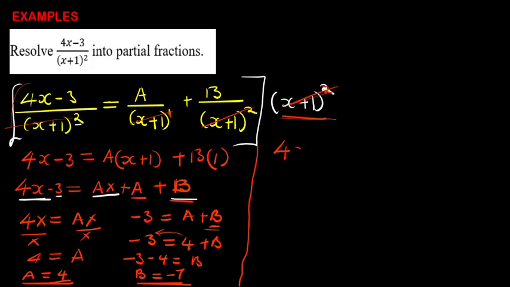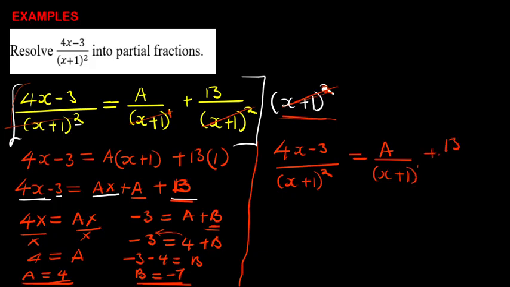Then from that, you go to your equation that you wrote. You wrote (4x minus 3) over (x plus 1) squared. Then what's your a? You have a over (x plus 1) to the power 1 plus b over (x plus 1) to the power 2. So in this situation, where there's a, I will replace it with 4.